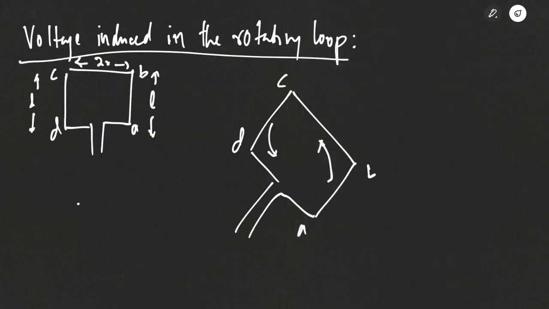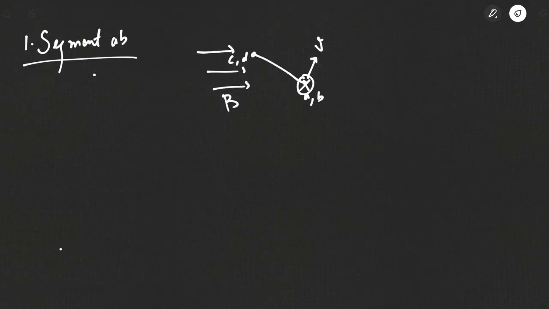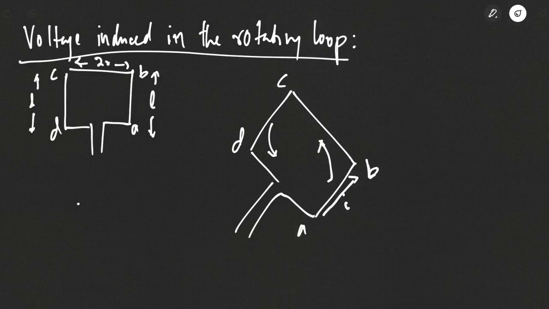That means current will be flowing from A to B. So if current is flowing from A to B, that means this end is positive, this end is negative. That means the induced voltage EAB has this notation: the end A is positive, the end B is negative.